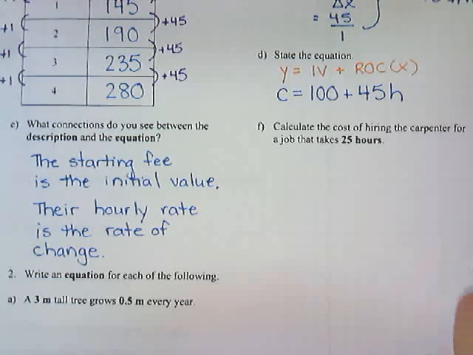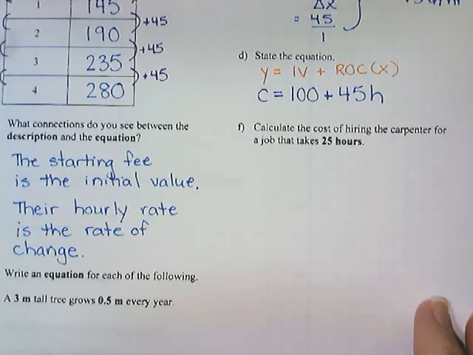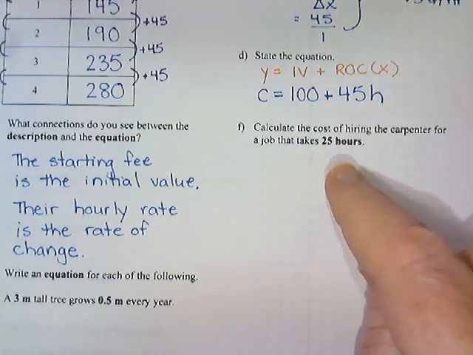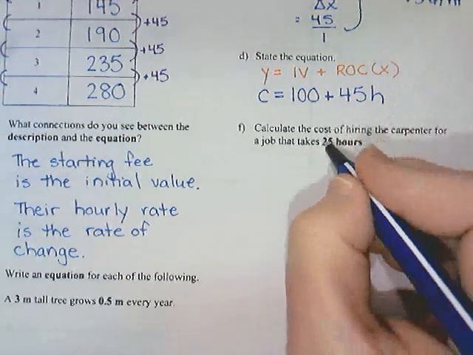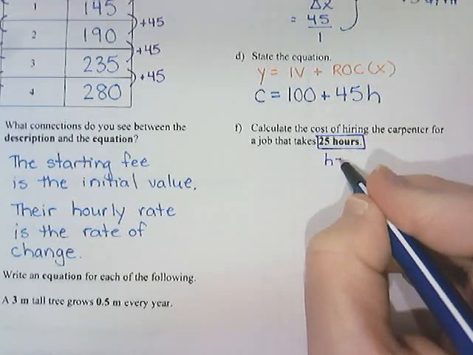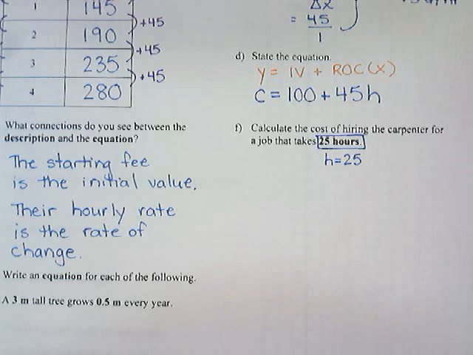All right, last part here says calculate the cost of hiring the carpenter for a job that takes 25 hours. So the nice thing about having an equation is that you can calculate pretty much anything that you want. So that 25 hours, that would be H. H would be 25. We're trying to find hour 25.